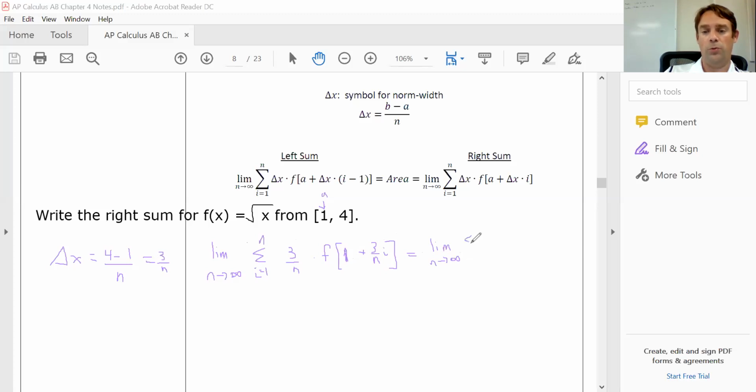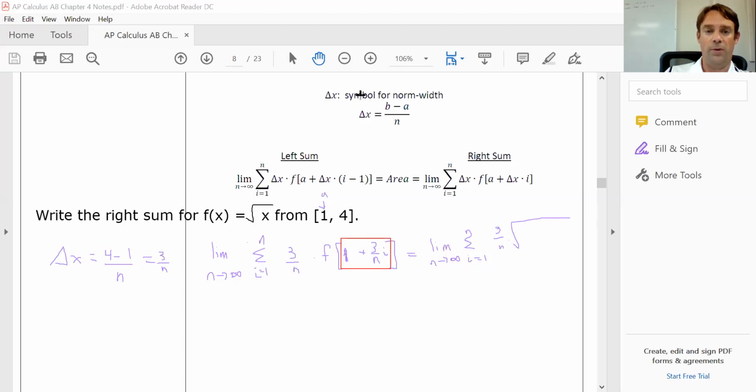so all you guys really need to be able to do with this stuff, as far as the theory, is recognize what the width is and what the height is. So now in place of f, I'm going to go ahead and plug in my function. And if you notice, this right here is where my f of x is.